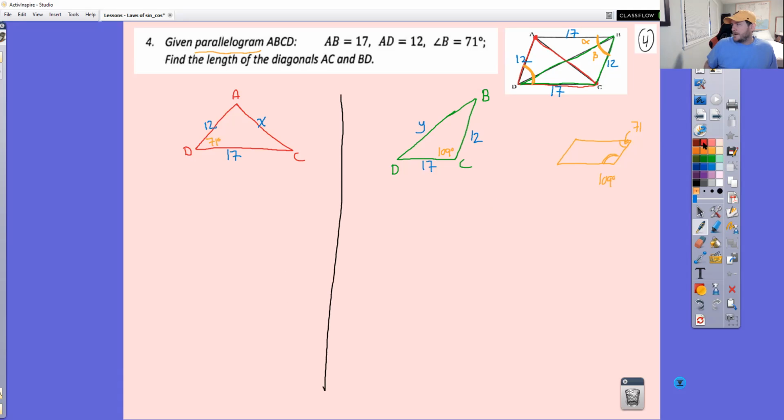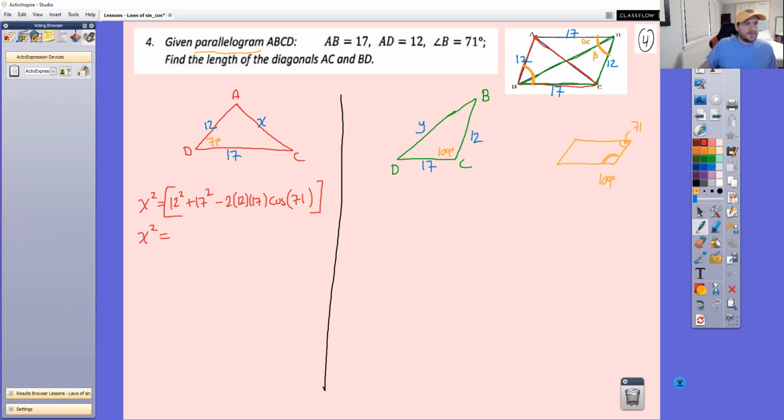Okay, so in red for this one, we'll be saying that x squared is equal to 12 squared plus 17 squared minus 2 times 12 times 17 times the cosine of 71. So again, I'm just mashing the buttons on all of this and getting what I get. 12 squared plus 17 squared.